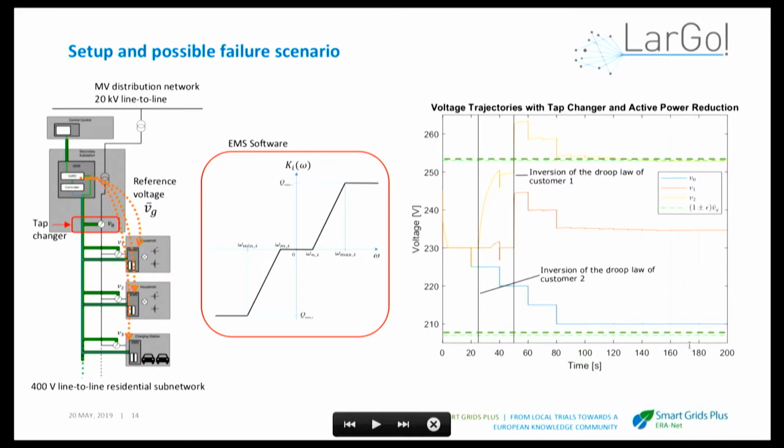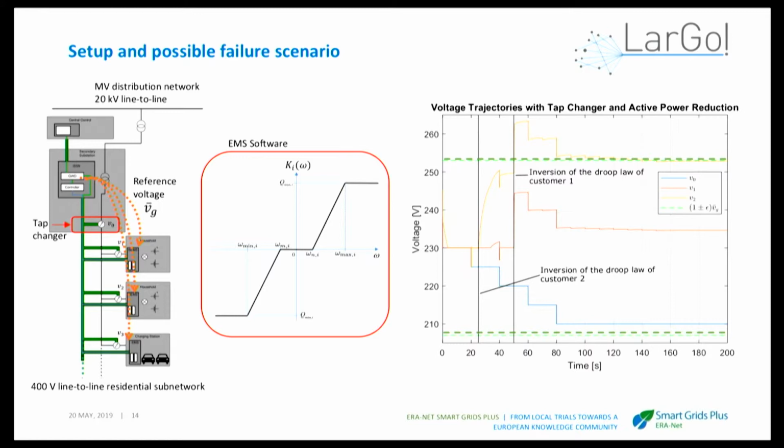The blue line is the voltage at the head of the distribution line. The red line is the voltage of customer 1. And the orange line here is the voltage of customer number 2.